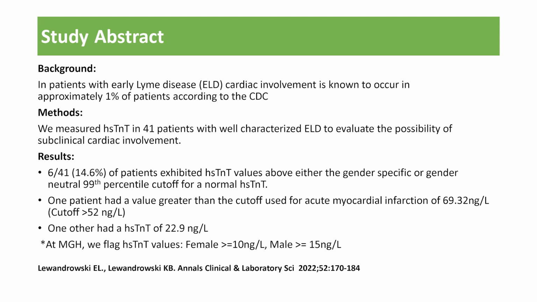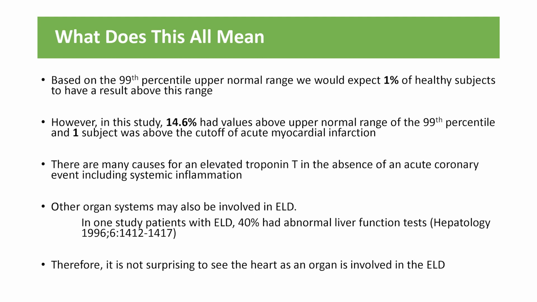At the Massachusetts General Hospital, we flag high-sensitivity troponin T values for female greater than 10 nanograms per liter, for male greater than 15 nanograms per liter. What does this all mean?